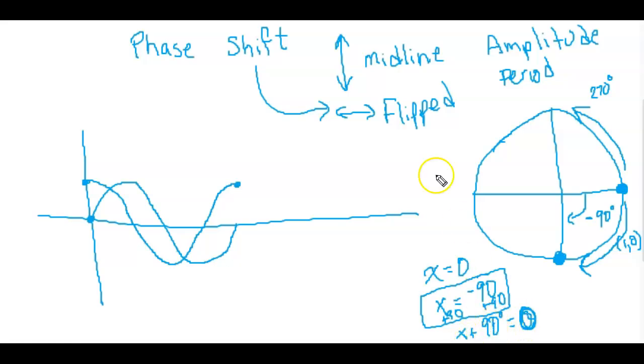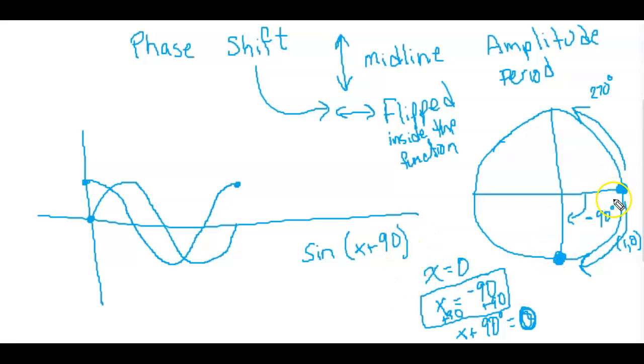And so that is why, if you recall, left and right translations always happen inside the function, and they always seem to be backwards. And it's because of this concept of we have to make it equal to 0. So even though I was trying to shift negative degrees around the circle to start over here, when I look at my equation, that would actually be sine of x plus 90 degrees.